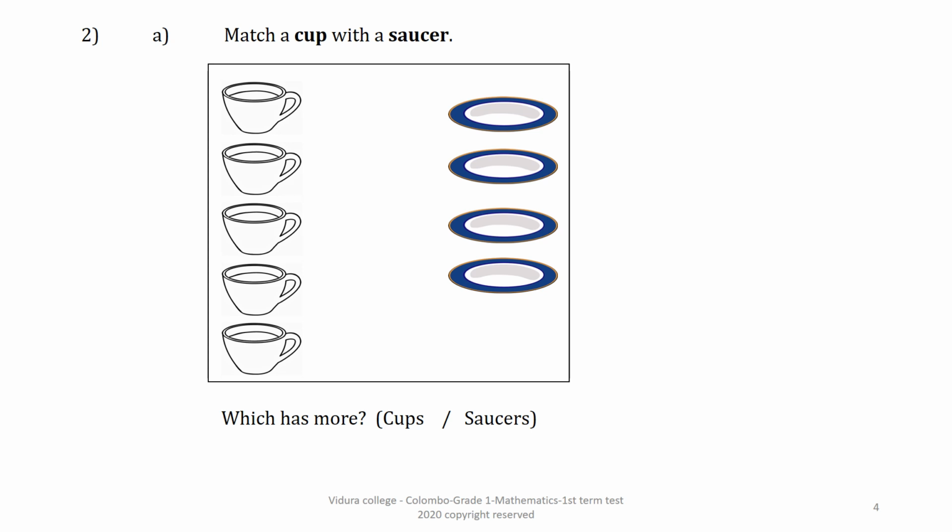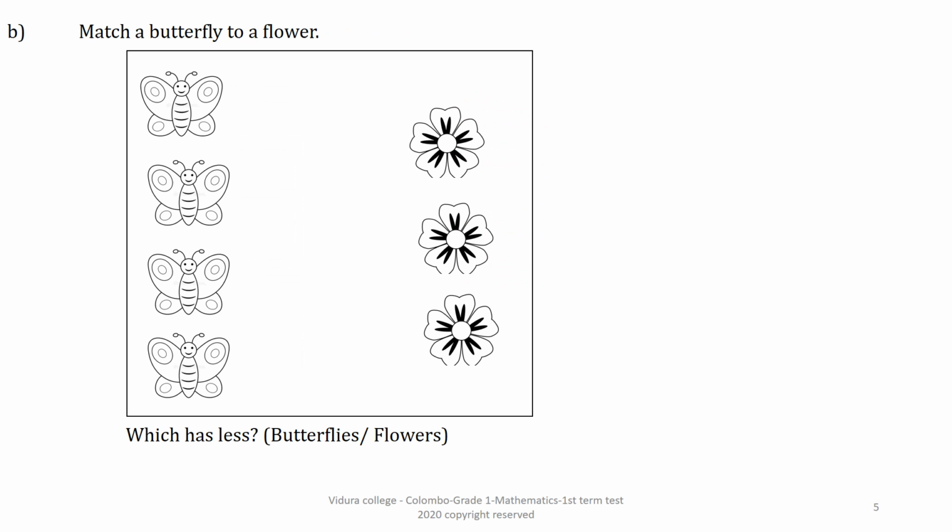Right. We'll go to the next one. Keep your finger on simple B in your paper. Match a butterfly to a flower.